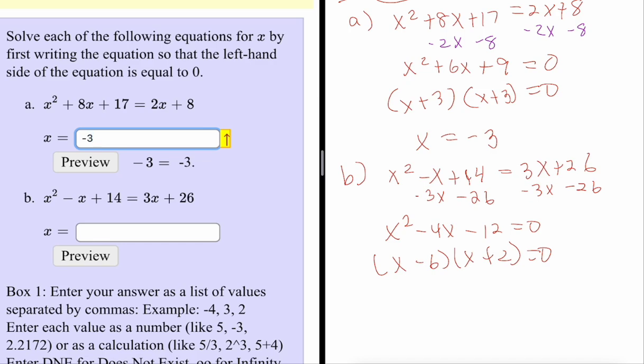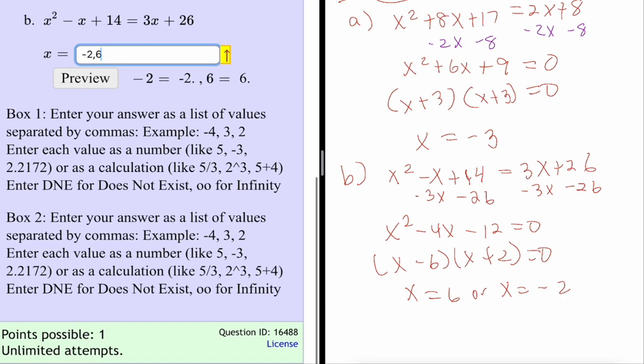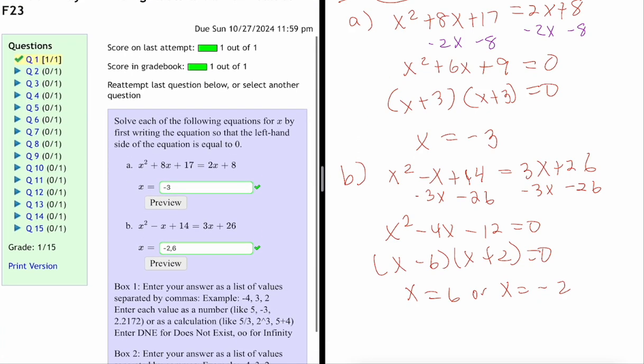I think in the past they've had us, if there are multiple answers, separate them by a comma. So let's do that. We get x equals 6 or x equals negative 2. So I'm going to put in negative 2 comma 6. So that's what I believe you're doing for the first few questions.